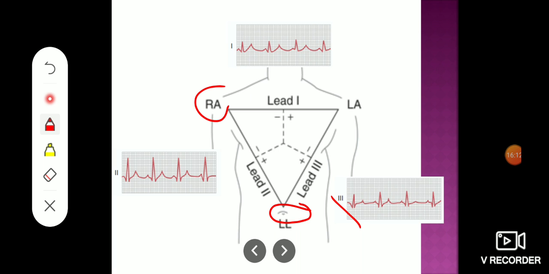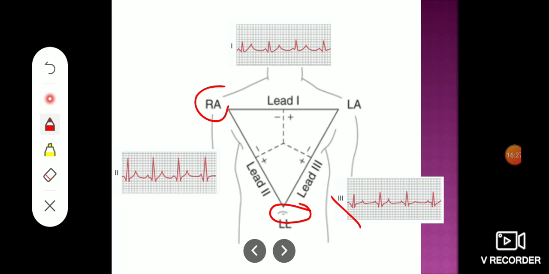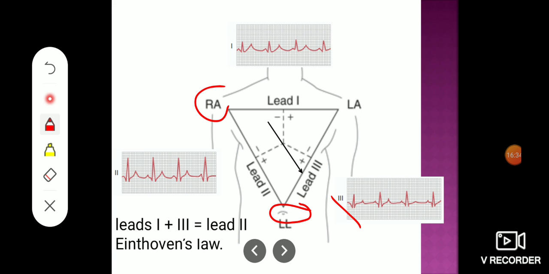So Einthoven's law states that the amplitude of lead 2 is equal to the sum of lead 1 and lead 3. That is called Einthoven's law.